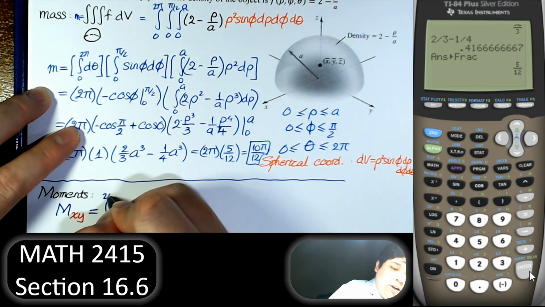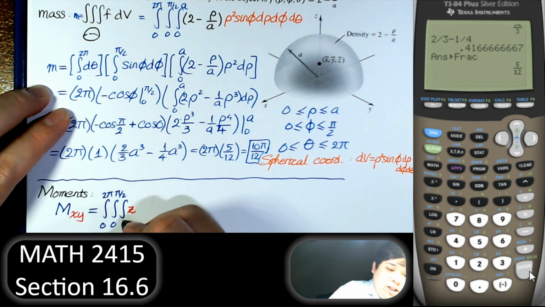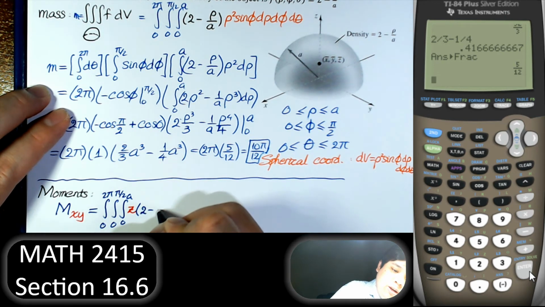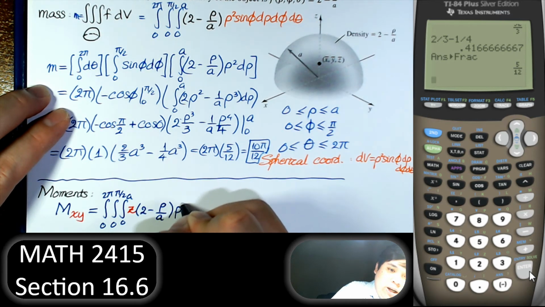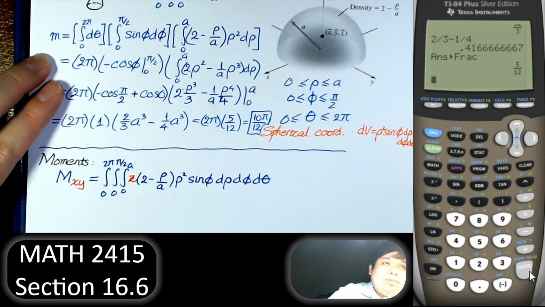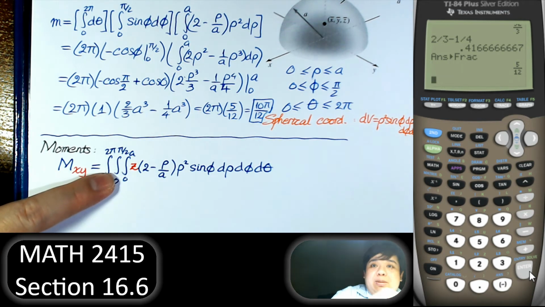0 to 2 pi for theta, 0 to pi over 2 for phi, 0 to a for rho. And then I have 2 minus rho over a, rho square sine, d rho d phi d theta. Right, but we cannot actually put z in it in spherical coordinate.